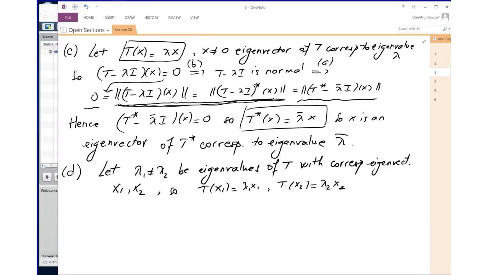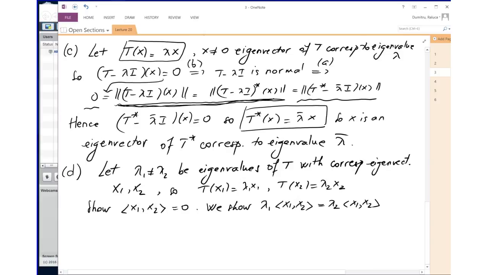So I want to show that the inner product between x1 and x2 is 0. What we'll show is that lambda 1 times the inner product between x1 and x2 equals lambda 2 times the inner product between x1 and x2. So that's what we'll show next. But this is enough. Why?